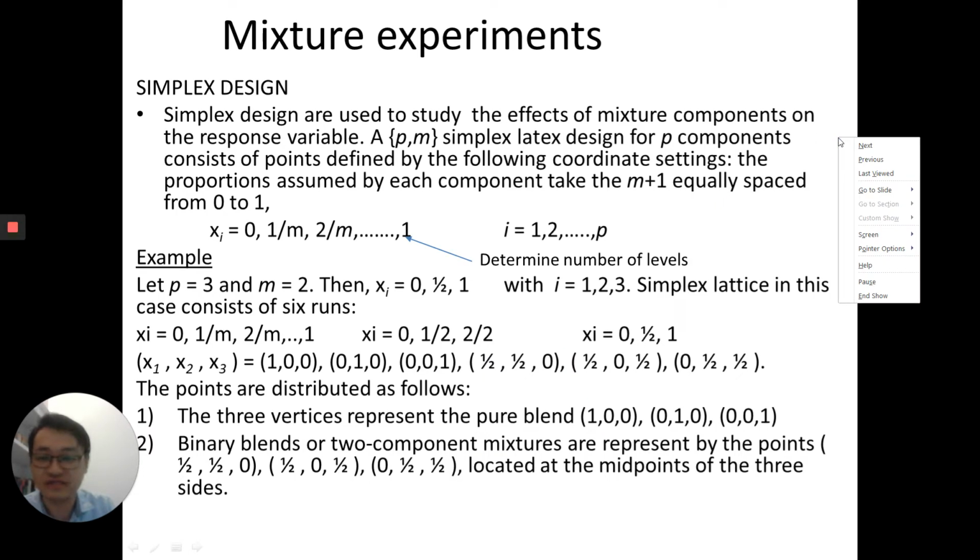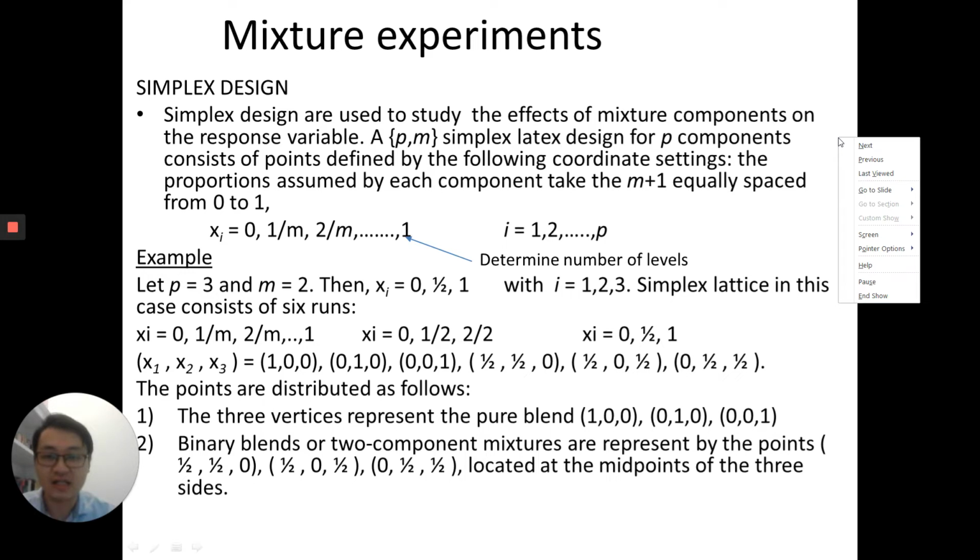Okay, in mixture experiments, actually there are many designs, and the simplex lattice design is the one that is commonly used if you have a very simple formulation. Okay, simplex designs are used to study the effect of mixture components on the response variables.